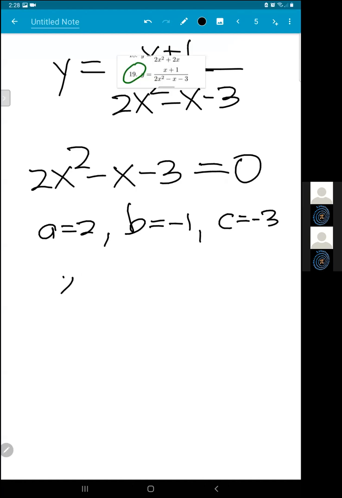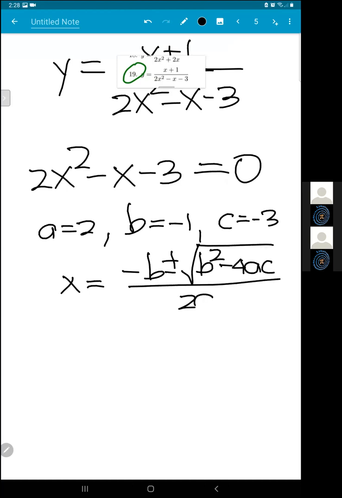And then the quadratic formula, x equals -b plus minus the square root of b squared minus 4ac, over 2a. Then you can just use your calculator.